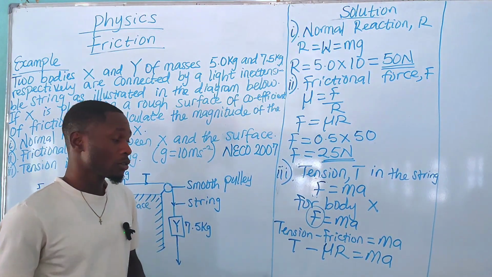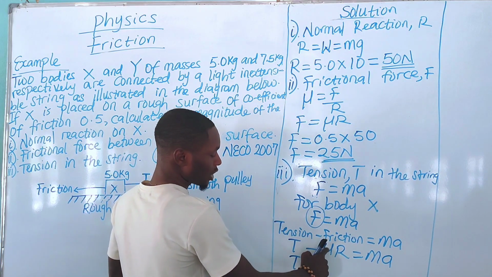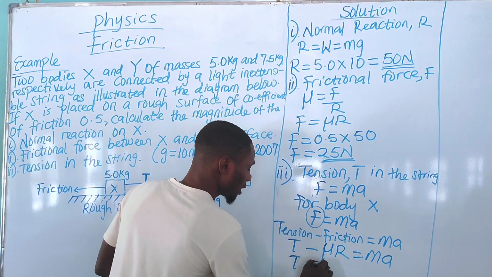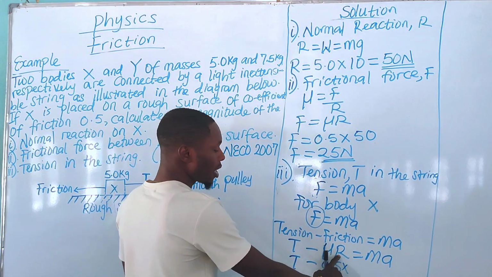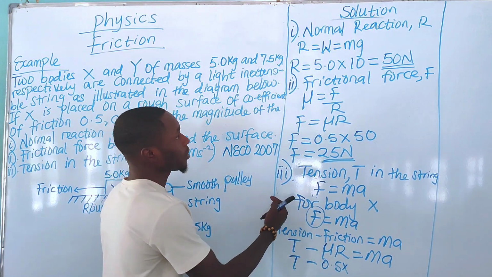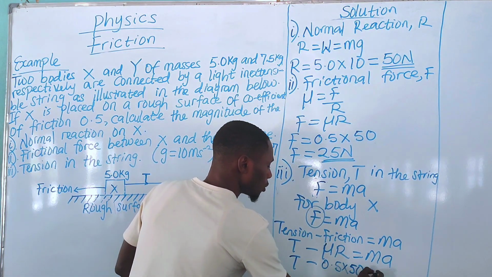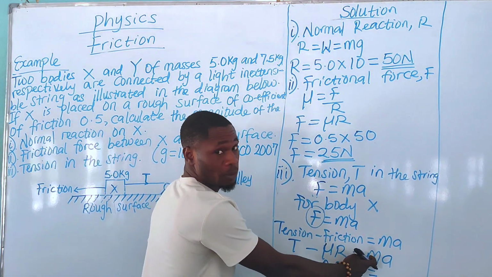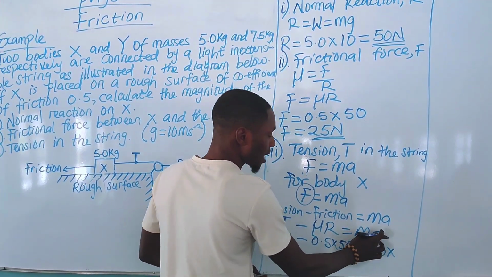Okay, so when we substitute the values, we have our tension minus the coefficient of friction, which is 0.5 for body X, times the normal reaction on body X. We've already calculated it, which is 50, to be equal to the mass of the body, which is body X, which is 5.0, times acceleration.